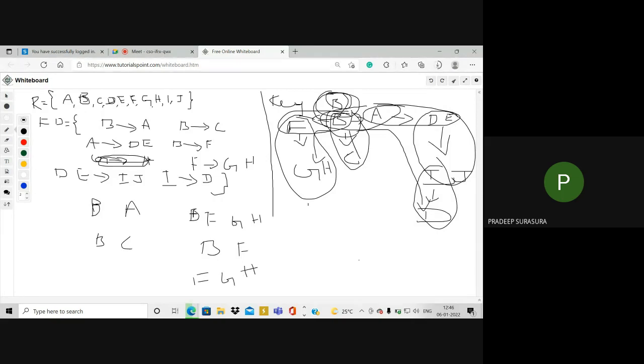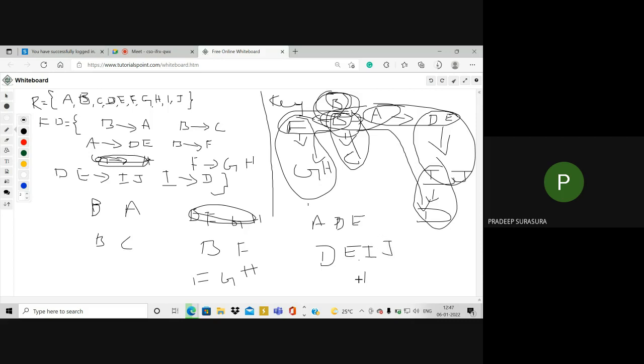So this is again broken into subsequent BF and FGH. Moving on, I can have ADE in one table, DEIJ in one table.